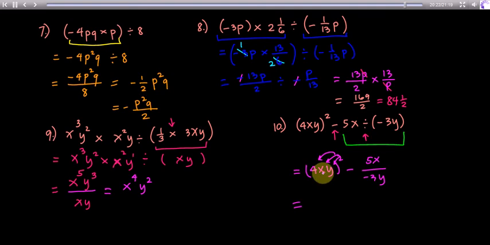So 4 squared is 16, x squared, y squared, minus 5x over 3y. But actually this is negative 3y, so minus times the negative here will be plus, so this is plus 5x over 3y. And the thing is, we cannot simplify this 5x over 3y, since there's no common factor between 5 and 3 and x and y, and this is the final answer.